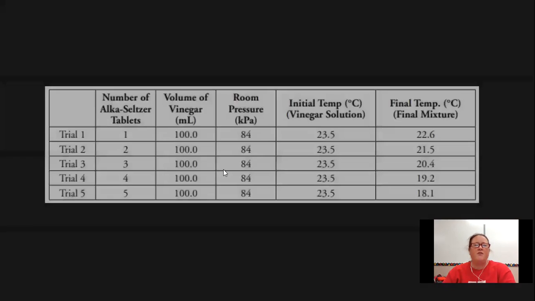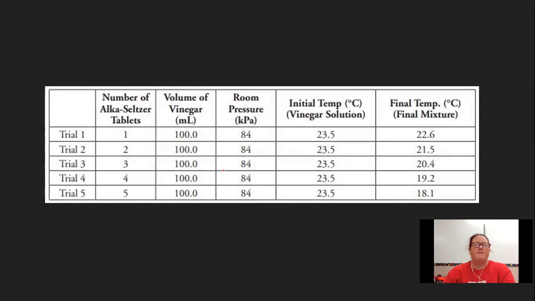Okay, so this was an activity that students looked at in class previously, of an experiment in which the researcher was looking to see if the number of Alka-Seltzer tablets had any effect on how much temperature changes in a reaction.